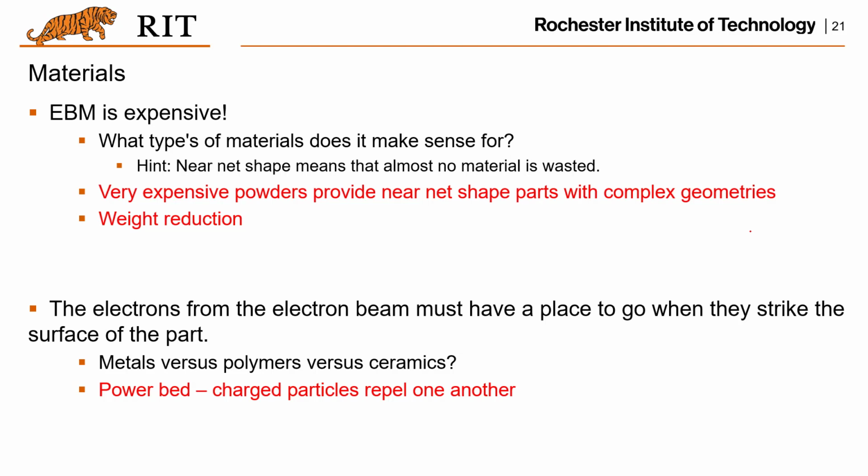They do not have good electrical conductivity, such that the electron beam will go nowhere, and will charge the particles of the material. Because they all have the negative charges, they will repel each other and make a dust filling the whole chamber, which is undesired. So that's why only those materials with good electrical conductivity will be used in this process.